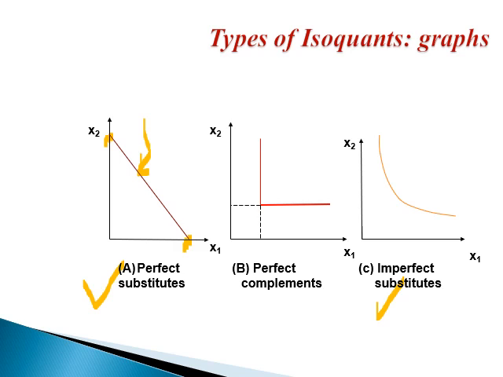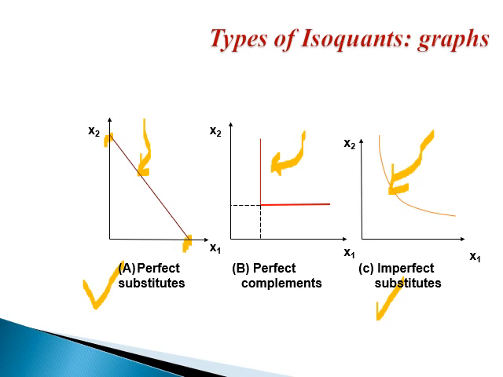And this is the case in the middle of the perfect complements. Here they tell you X1 is the first variable input, X2 is the second variable input, and the isoquant is the red thing that you see right here. The red isoquant looks like that, very odd, very strange, very bizarre.